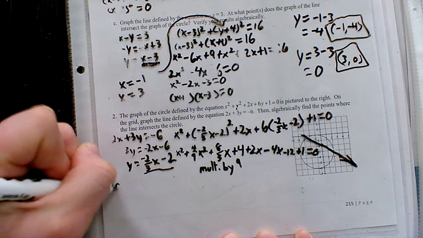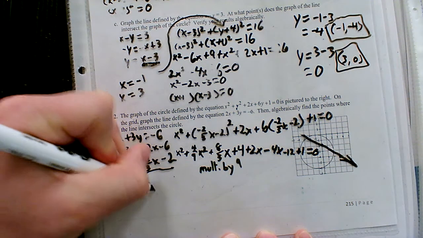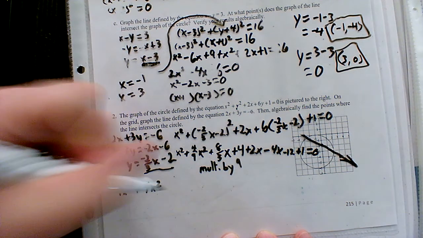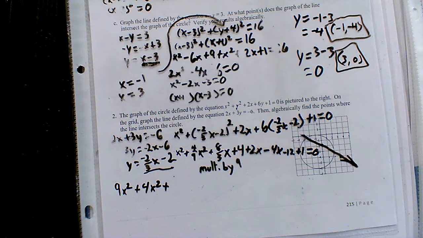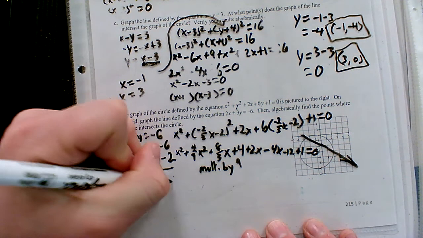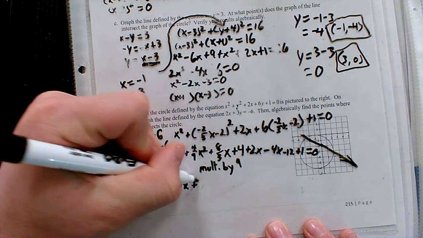Multiply every term by 9, it will cancel the denominators and make them all whole numbers. So if we multiply everything by 9, we get 9x squared plus 4x squared plus, what about the 8/3 x? If you multiply that by 9, what do you get? Yep, 24x exactly. Okay, then we get plus 36.